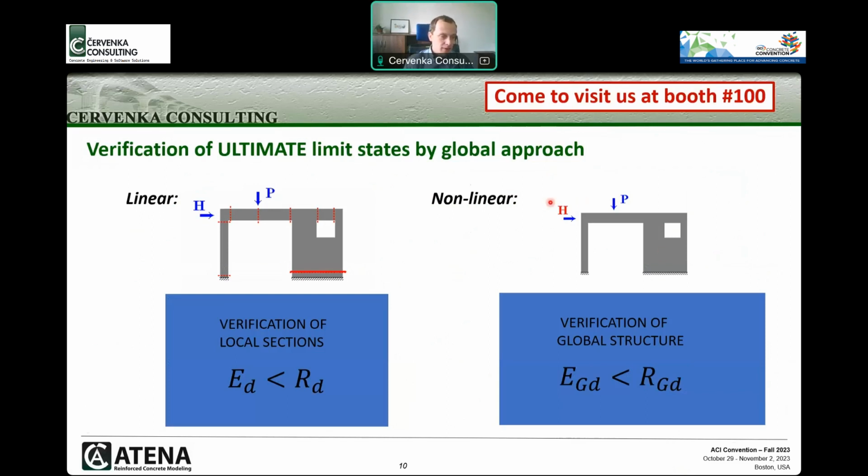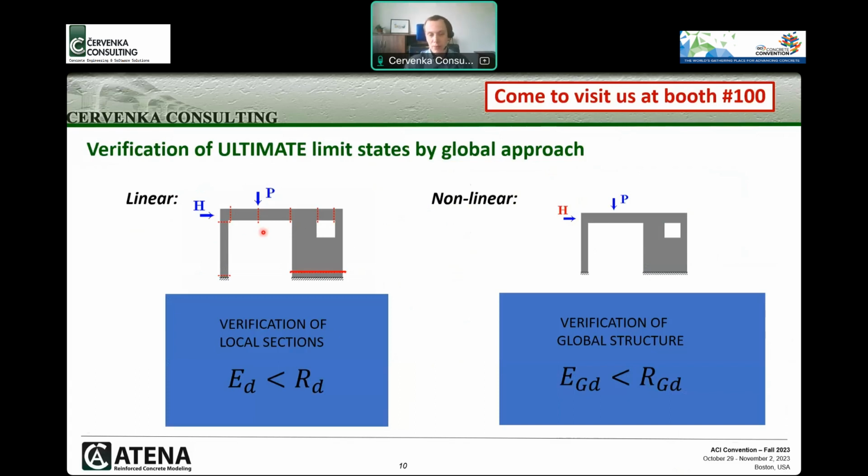For example, if I have a structure like this, I would probably be checking the column here for the compressive strength in combination with the bending moment. Then the beam over here, I would be checking the shear force at the ends, and in the middle I would be checking the bending moment. And if all the cross sections can satisfy the design condition that the resistance is larger than the effect of internal forces, then I can say the structure is safe.